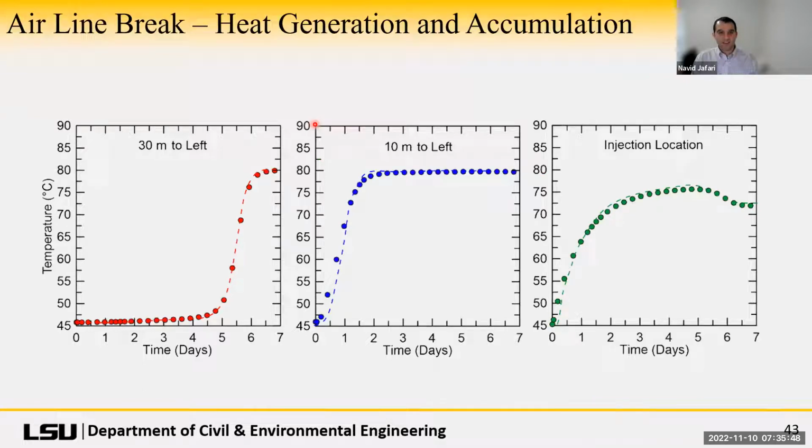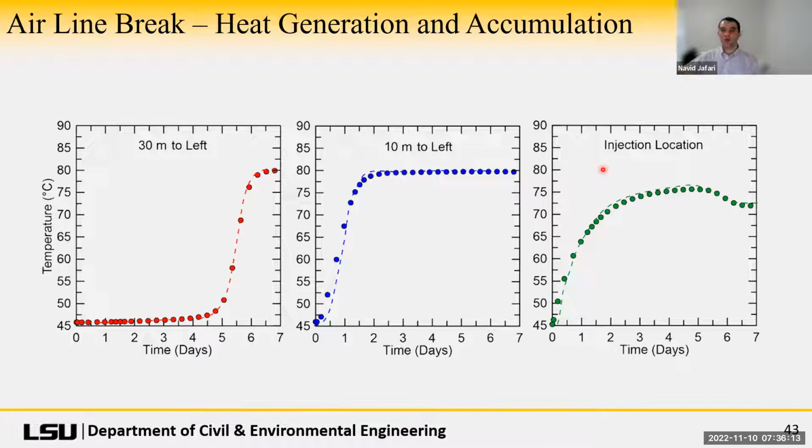So I mentioned, what is the heat generation for an airline break or air intrusion? And so when we looked at the temperatures at the injection location, and then 10 meters and 30 meters to the left of it, we noticed that it gets up to about 75 degrees C at the injection location. It doesn't reach the full potential of 80 C, which is the upper limit for aerobic decomposition.